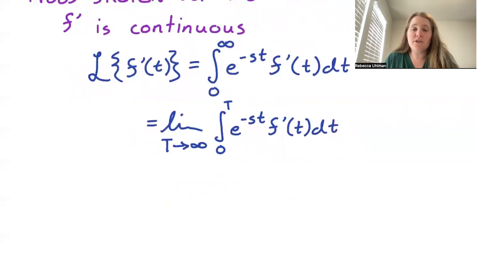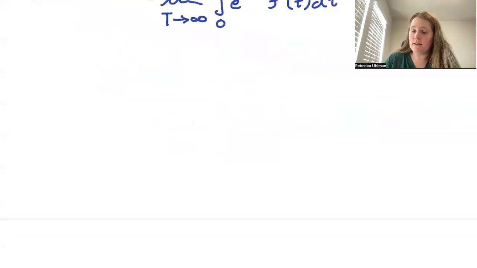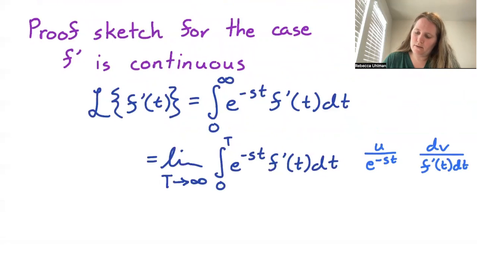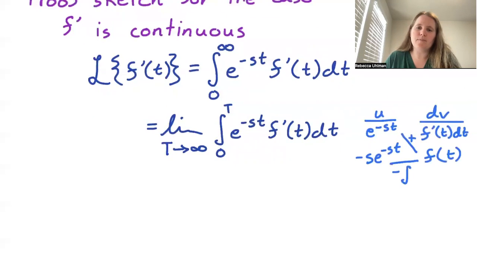If we run integration by parts on this, we take u to be e to the negative st and dv to be f prime of t dt. Differentiating e to the negative st, we have negative s e to the negative st. Integrating f prime, we get f of t. So we add the product of e to the negative st times f of t, and subtract the integral of negative s e to the negative st times f of t.